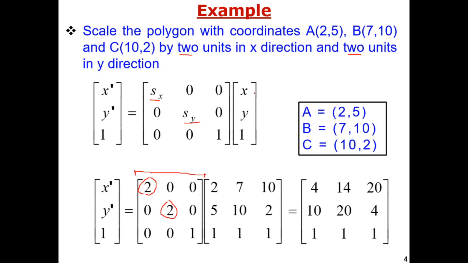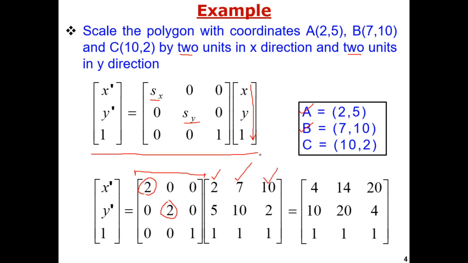Now come to one point here. This formula is actually used for multiplication. For one point it is shown as x, y and 1, as I have already told you. The first one is A, with value 2, 5 and 1. The second is B, 7, 10 and 1, and the third is C, 10, 2 and 1. All three points are right here.